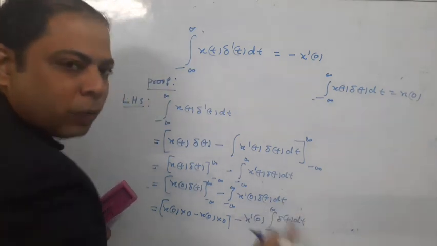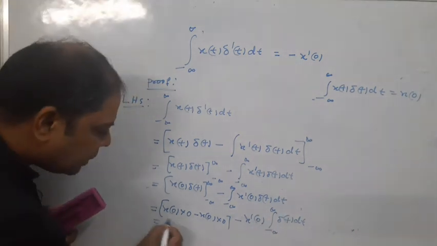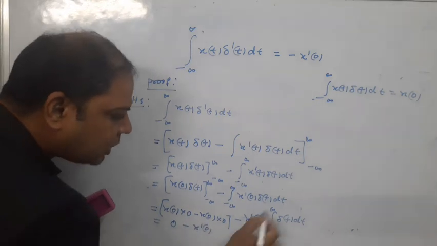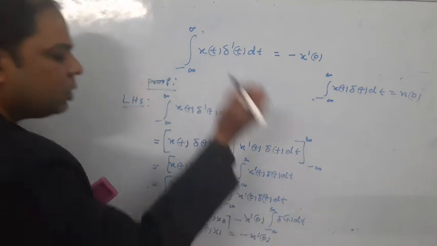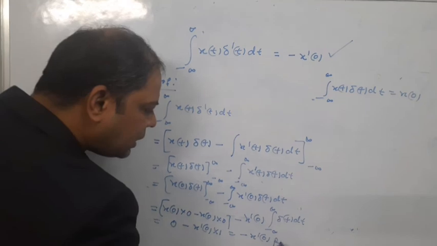Now this value is 1, since the area under a unit impulse is 1. So this value comes to 0 minus x'(0), because it is 1 into 1. That means you will finally find minus x'(0). Understood? This result is your RHS.